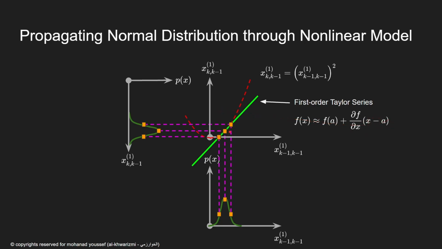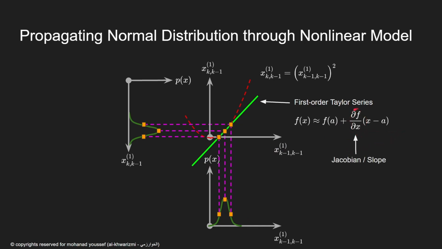So x will be any point around the mean, so any point in this Gaussian distribution, from left side or from right side. So this is x, and the a, that's the mean of the input here, the point of interest. So x minus a, that's the deviation. And according to the deviation and the multiplier, the slope here, we can find any point along this straight line. So that's basically the idea.